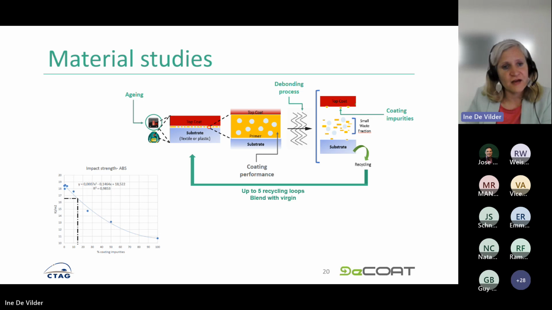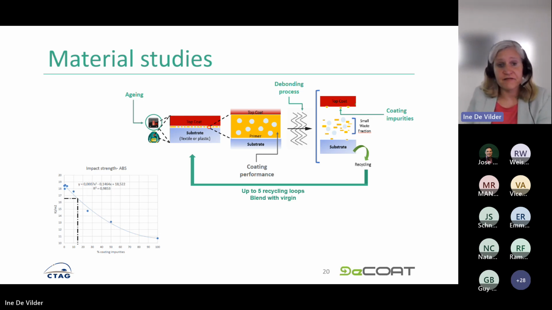But on the other hand, if you have the full coating remaining, you can see a quite severe drop of the impact strength for the ABS material. So then you can see, for example, if you have around 40% coating remaining, that it's still feasible to have quite sufficient material properties.